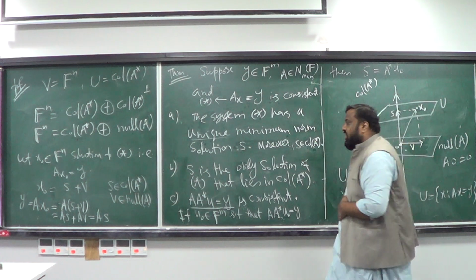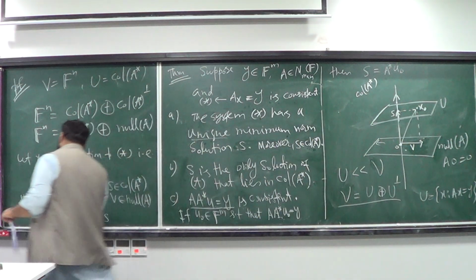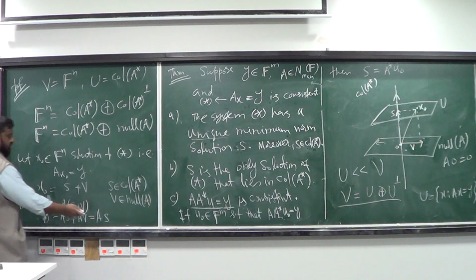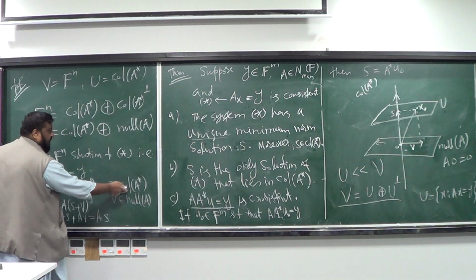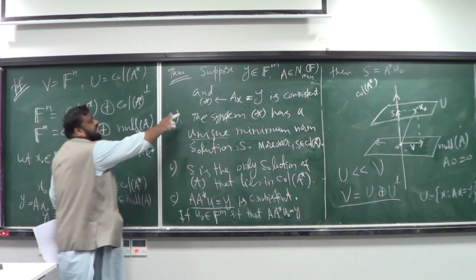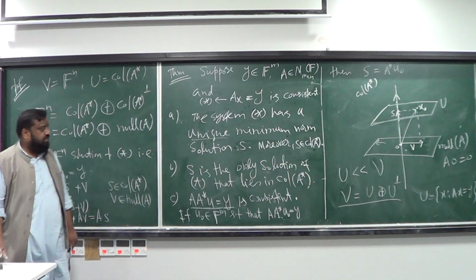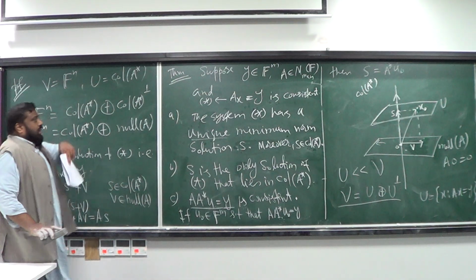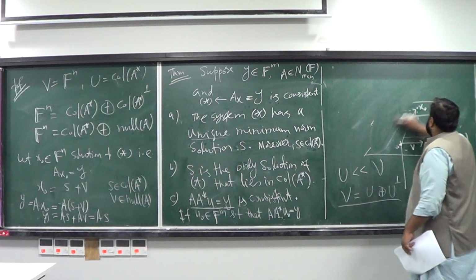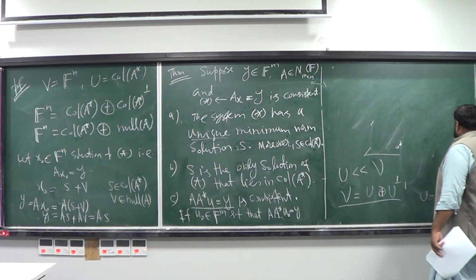So what we showed is that there is a solution S in the column space of A star which solves Ax equal to y. Now let me get rid of this picture. I hope you have made this picture.